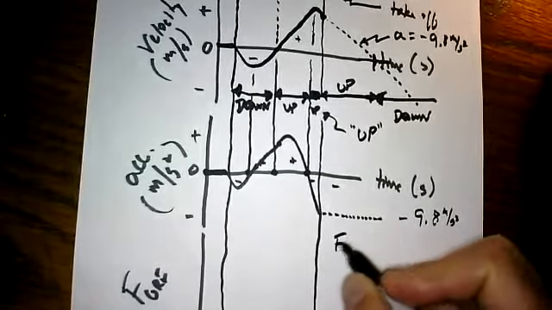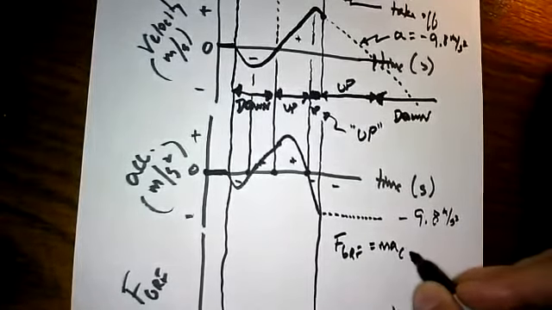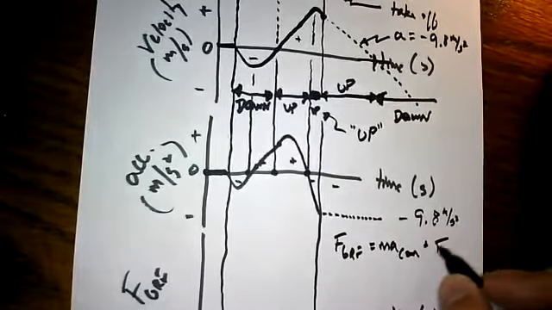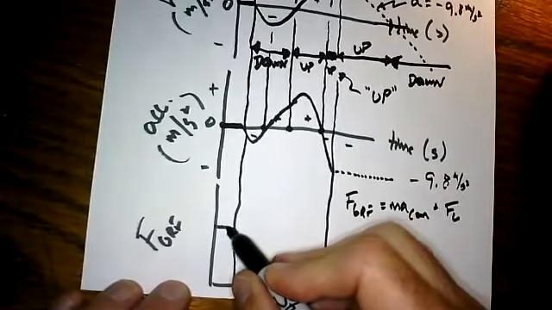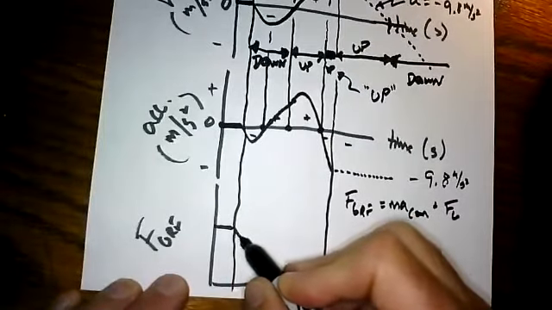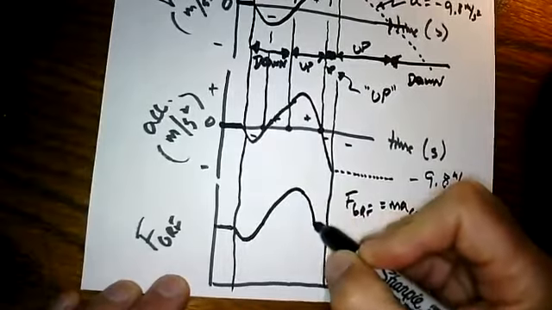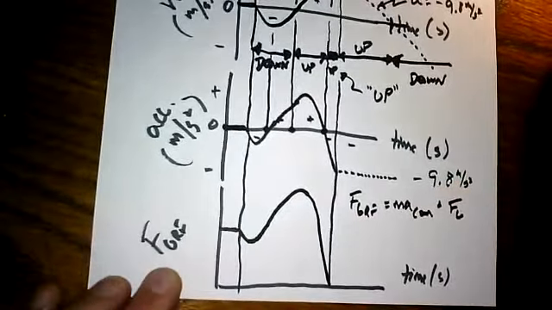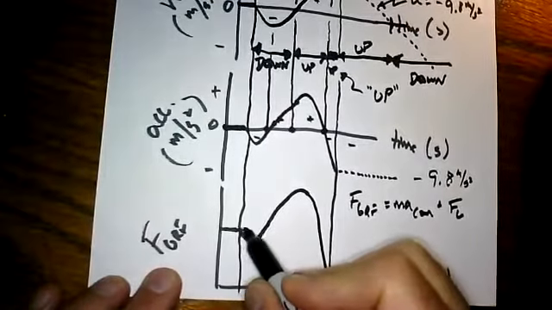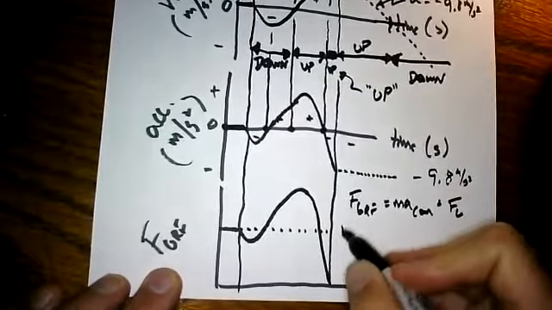Well, remembering our equation, F_GRF equals m a_COM plus F_G. I can now draw my ground reaction force. Make sure you watch the other videos because I do it faster and faster each time. Like a ground reaction force that looks like that. I'm going to draw a dotted line across just to represent body weight.